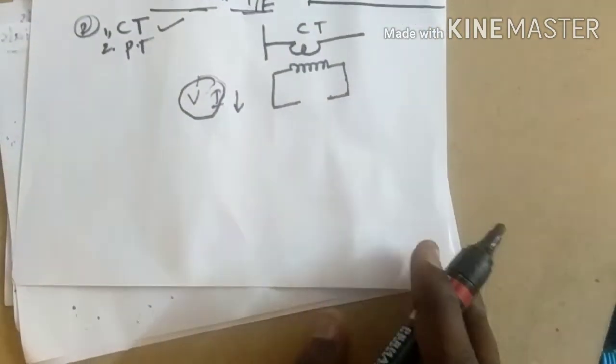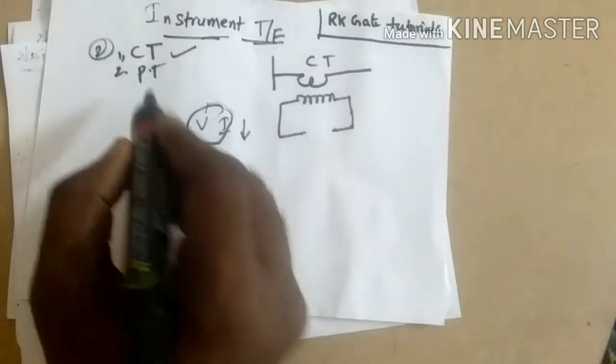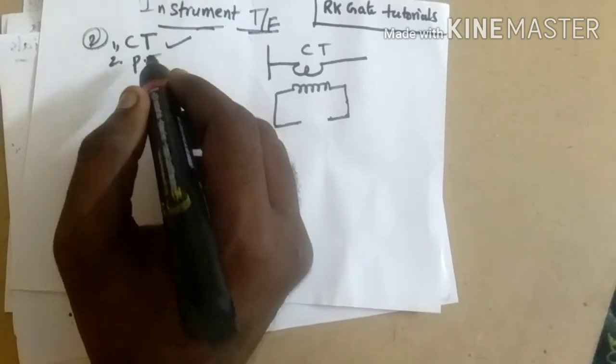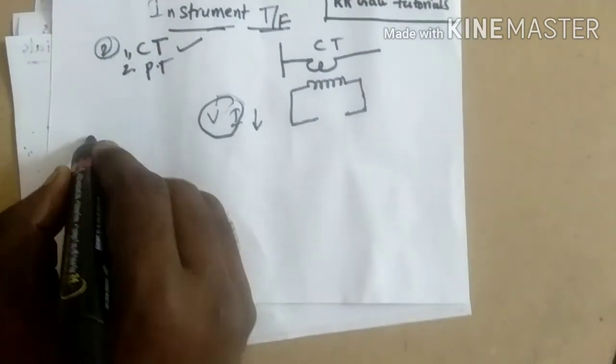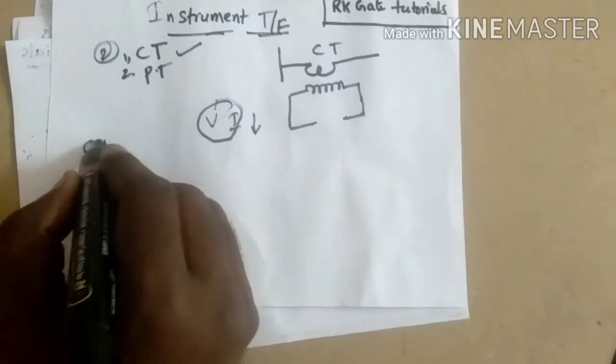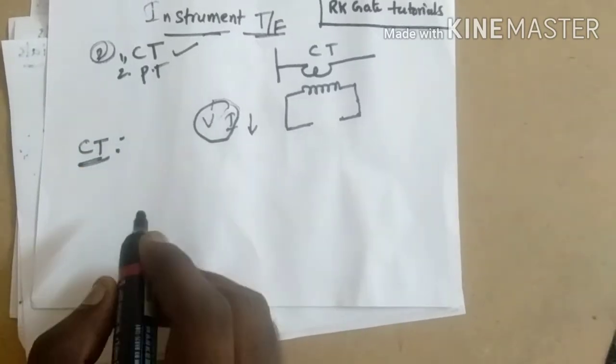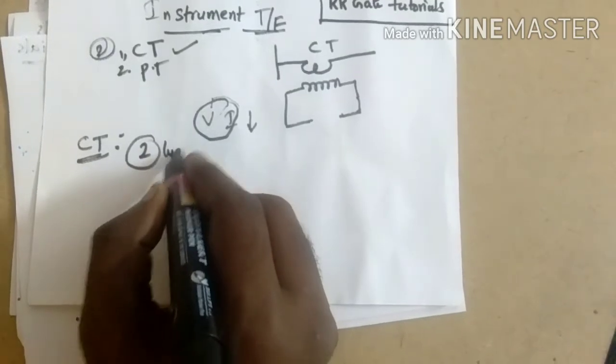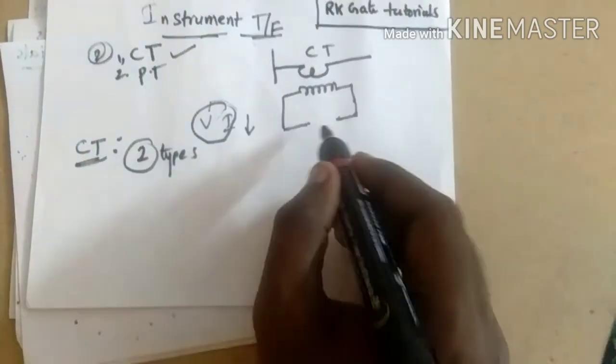So then let me take only the current transformer as a reference. The same will be applicable for the potential transformer. There are two types of current transformers, as I have explained here.